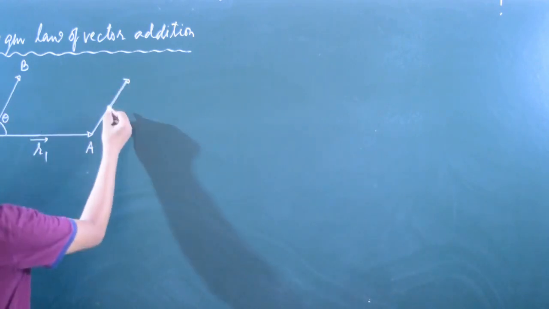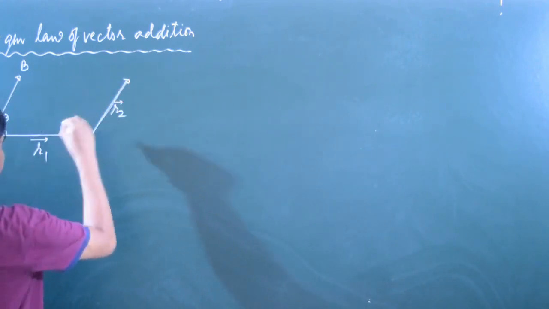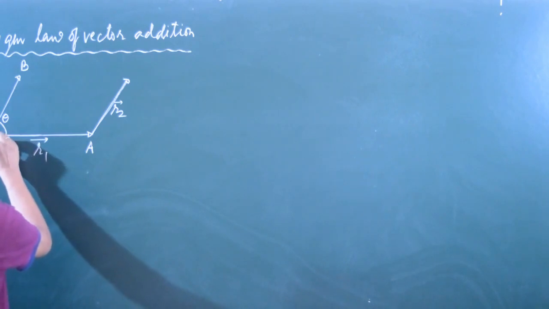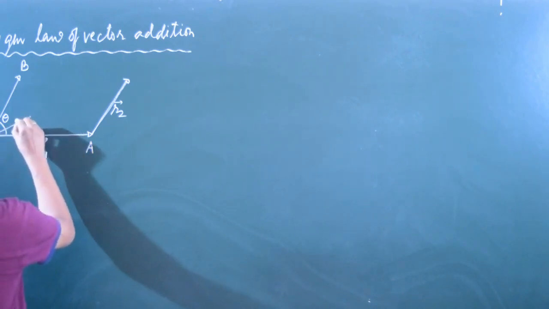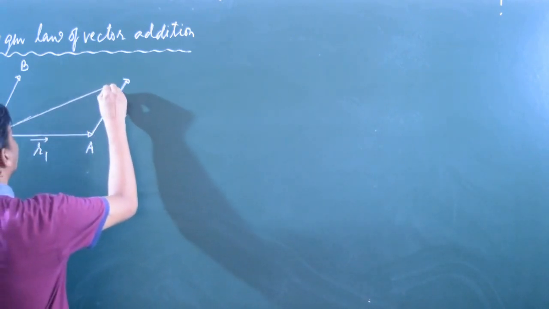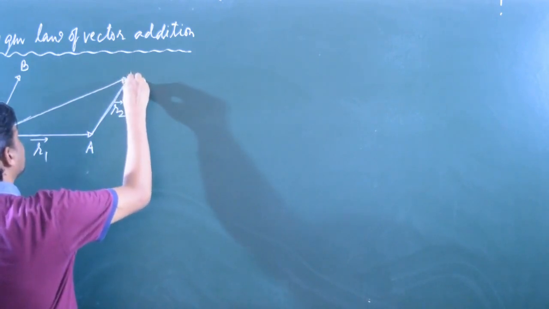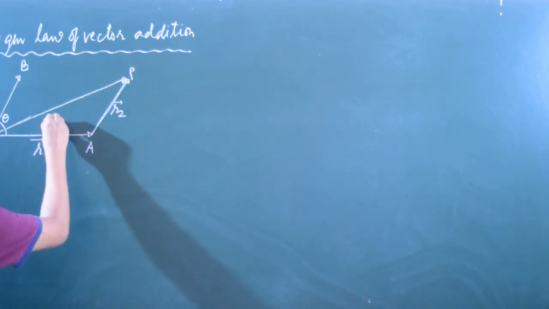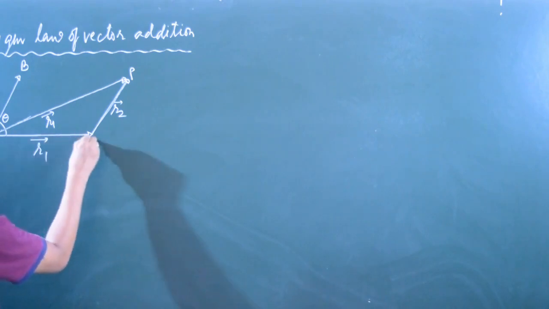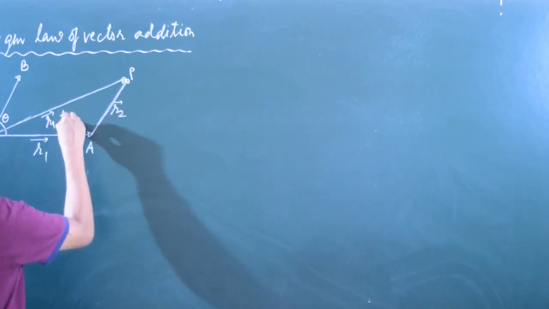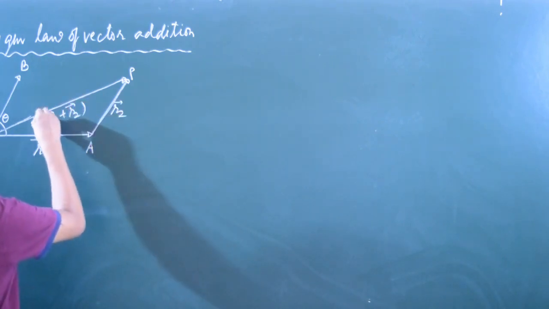This vector is also R2. The third side of the triangle formed using the vectors is the resultant of the vectors. This point is suppose P. So this resultant we have, R1, head of R1 is connected with the tail of R2. It is R1 plus R2.